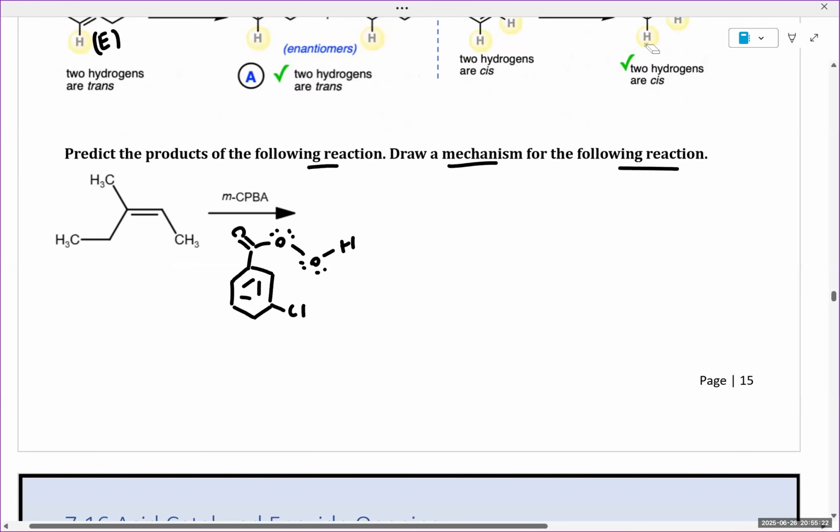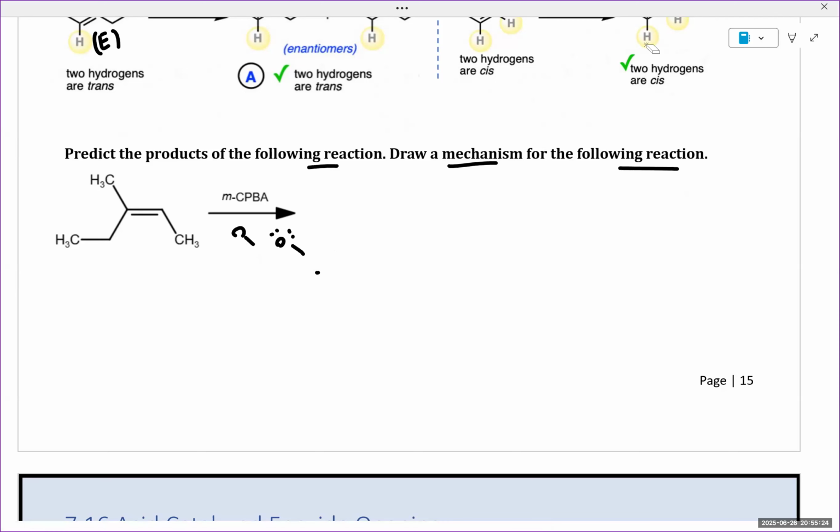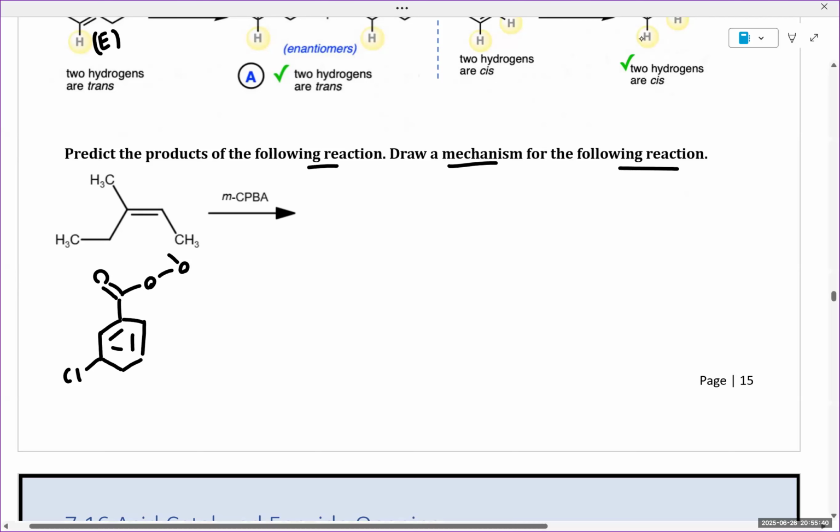So in this case, in terms of the concerted reaction for this alkene, I'm going to draw out MCPBA just in a way that's a little bit closer to the alkene to make it easier for me to draw the concerted mechanism. So in the concerted mechanism, we end up with the attack onto the electrophilic oxygen atom.